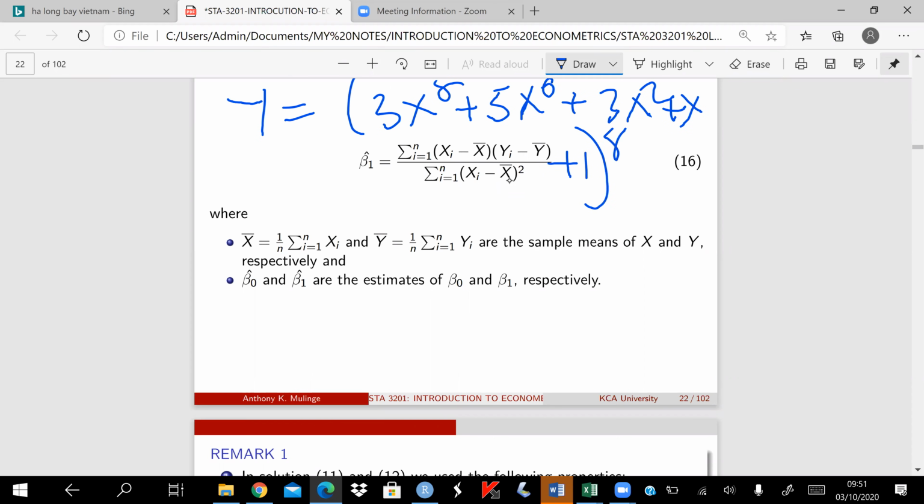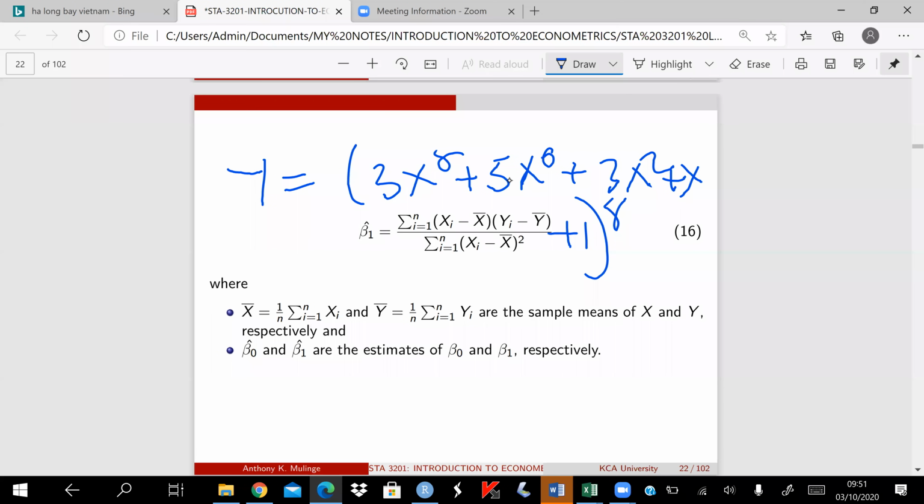If you want to find dy with respect to x, you have the option of expanding this thing to power 8, which can take you a very long time unnecessarily.